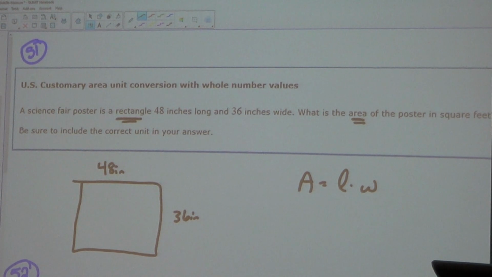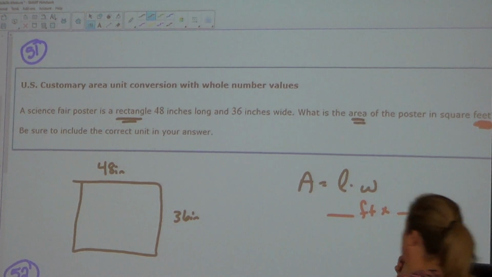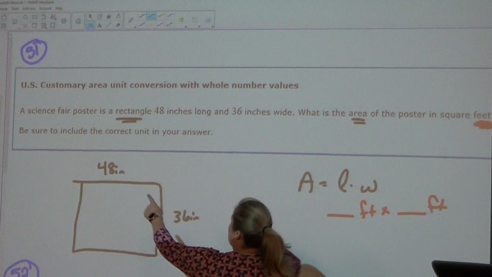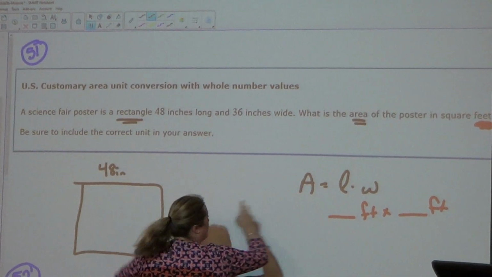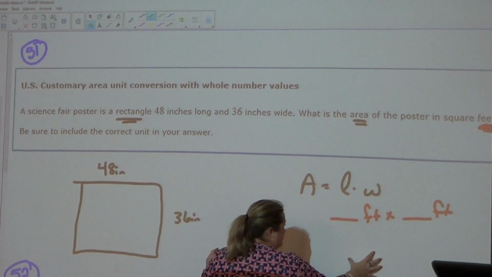So we know the length, we know the width, but here's the problem. They want it in terms of feet. So they want blank feet times blank feet. So before I can get the area, I gotta make these feet and plug it in and get the answer.